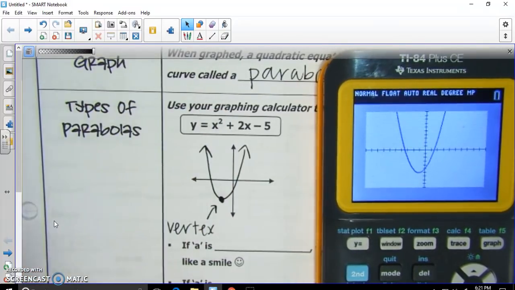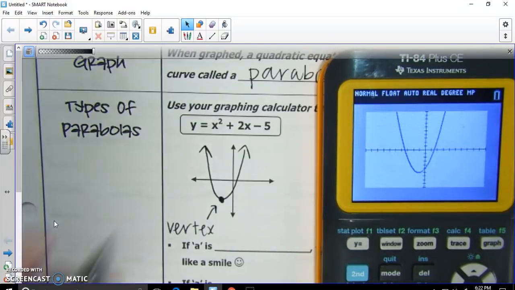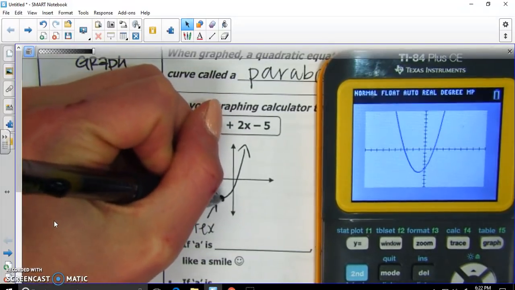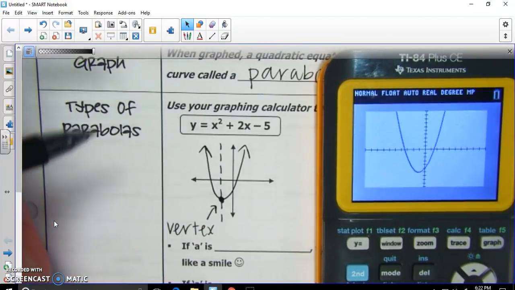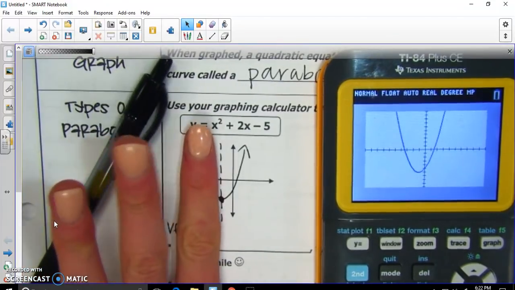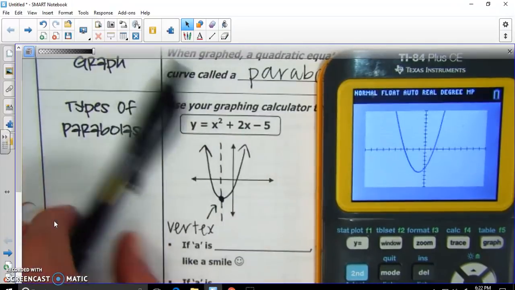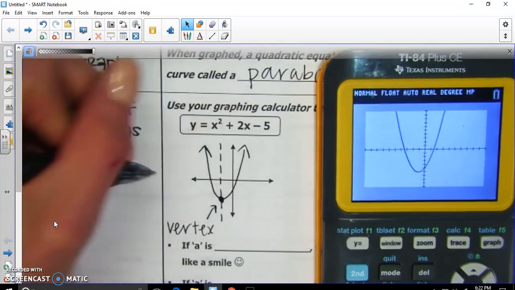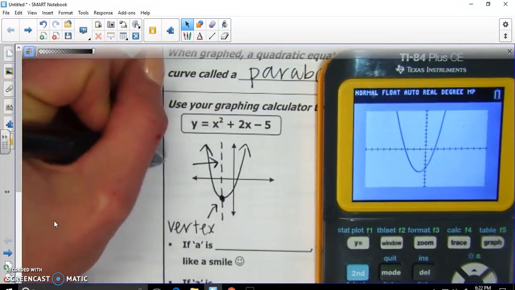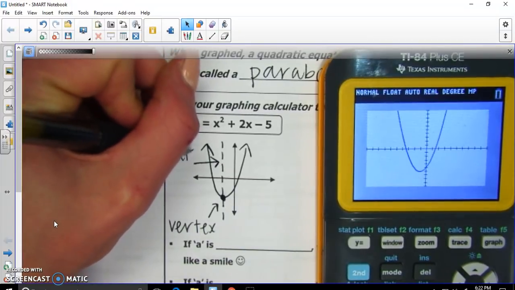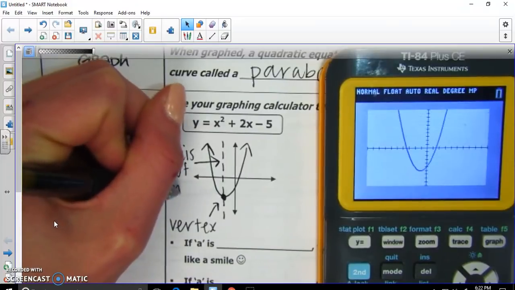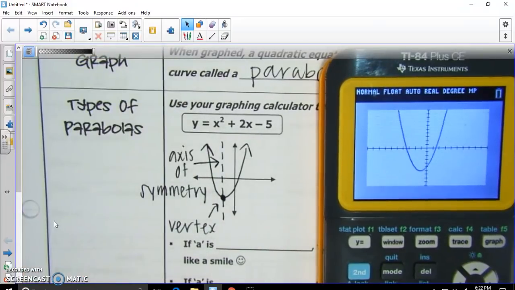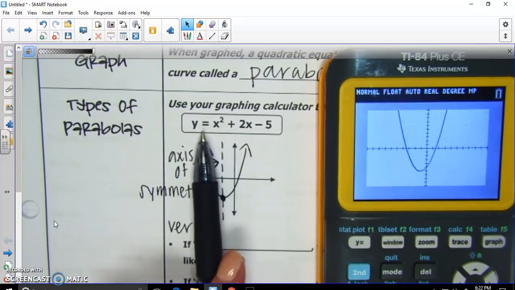So that's our vertex. And then through that vertex, there's this imaginary line that cuts the graph in half, so it breaks it into one side and another side. We call this the axis of symmetry. So this is the axis of symmetry, because our graph is symmetric on the left and on the right.